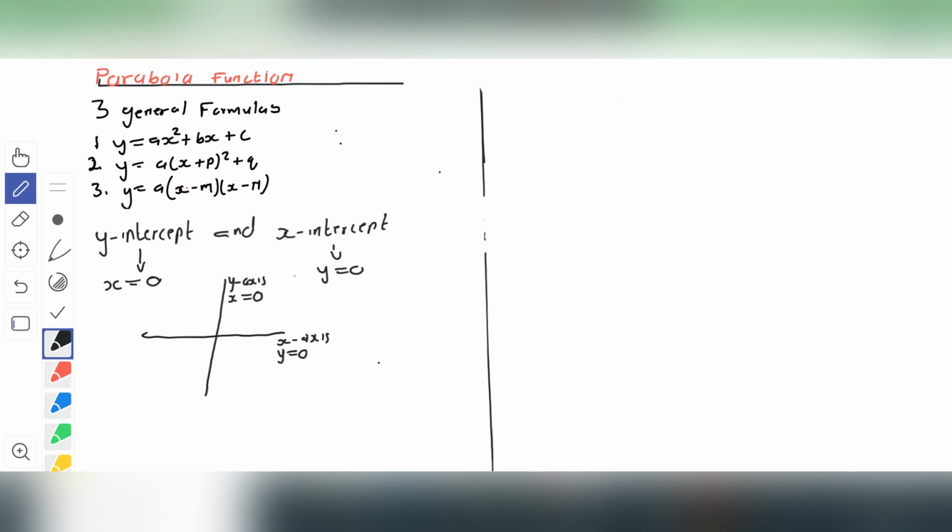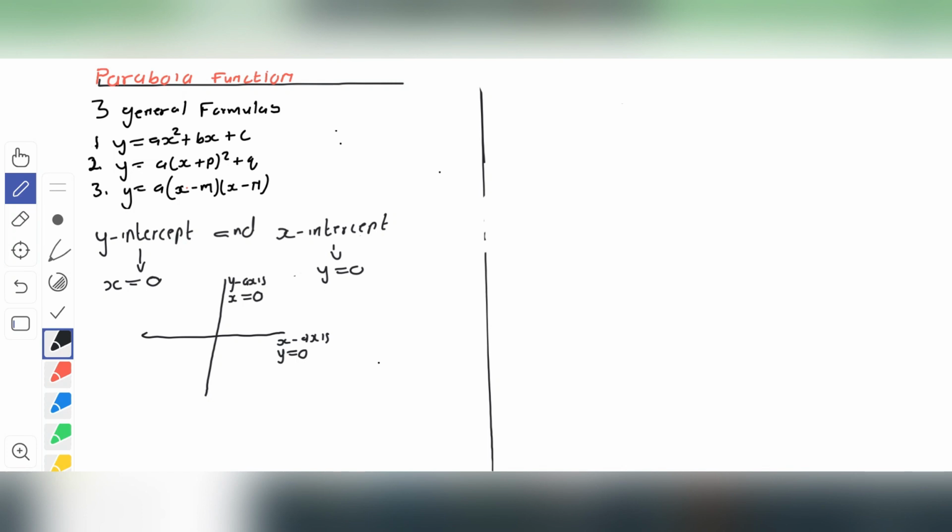So now, the question says, what is the x-intercept? Know that the x-intercept is the point where the line crosses the x-axis. And where our line crosses the x-axis, we know that y is equal to 0.